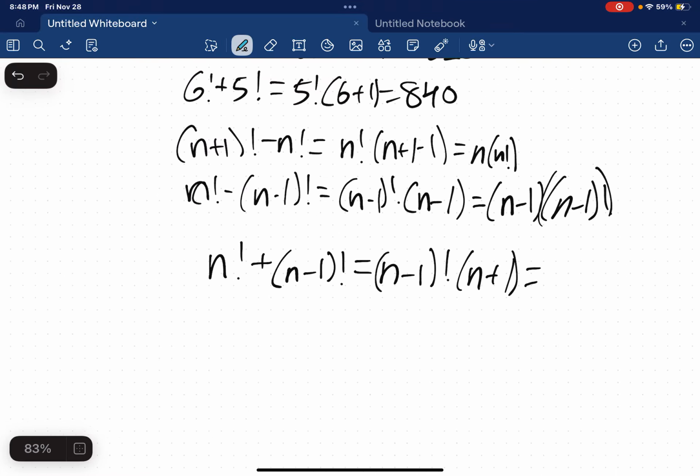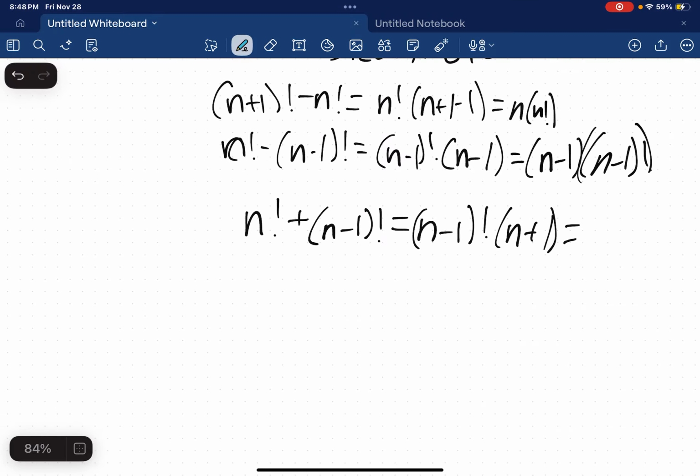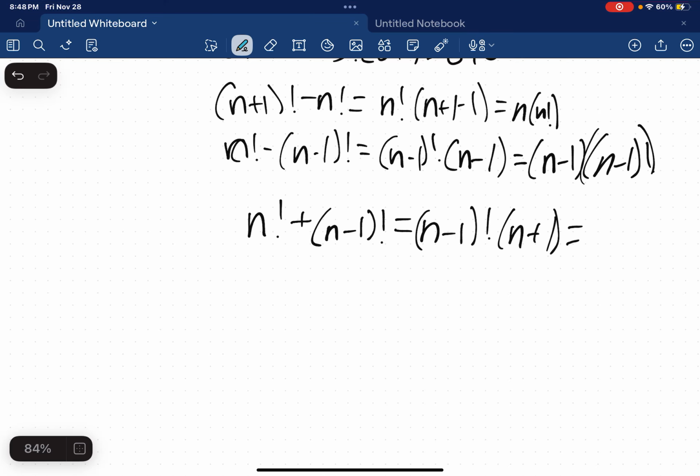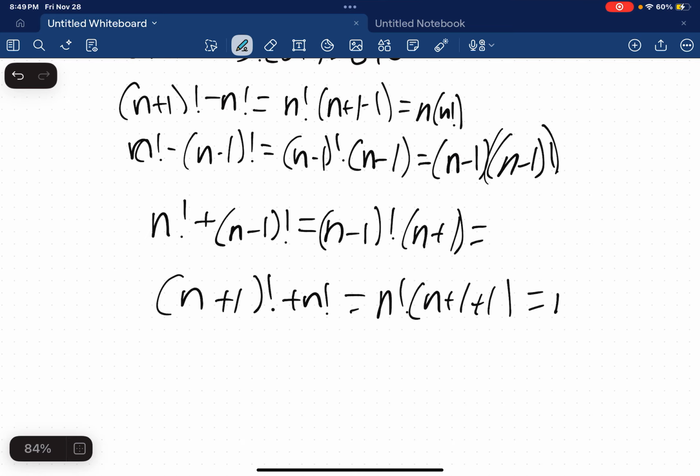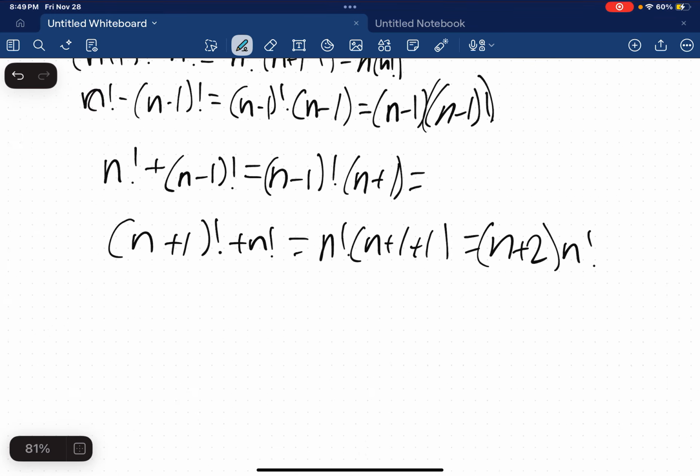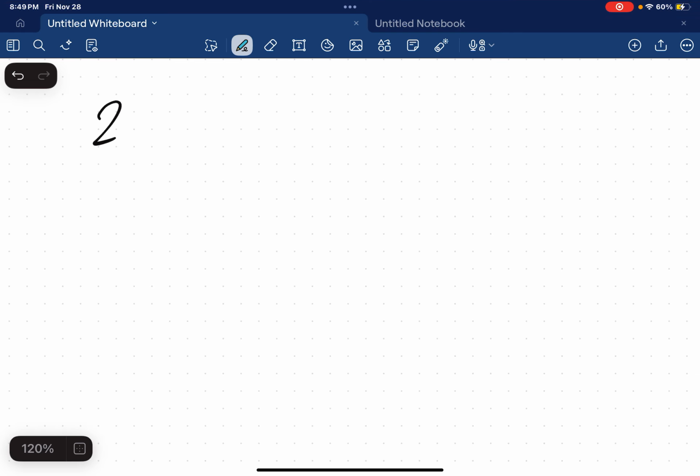And that's our answer. Now for our last one, we're going to have n plus 1 factorial plus n factorial, which is equal to n factorial times n plus 1, which is equal to n plus 2 times n factorial. That is that. On to number 2.